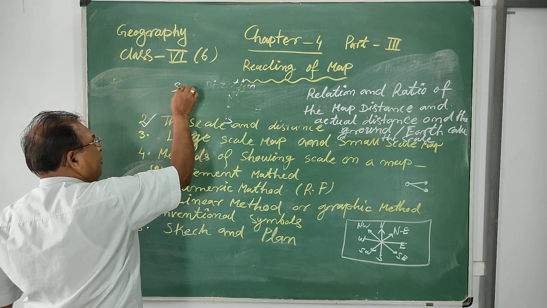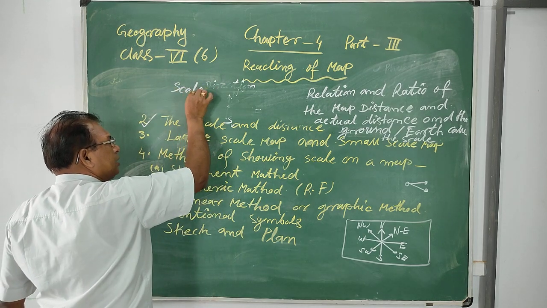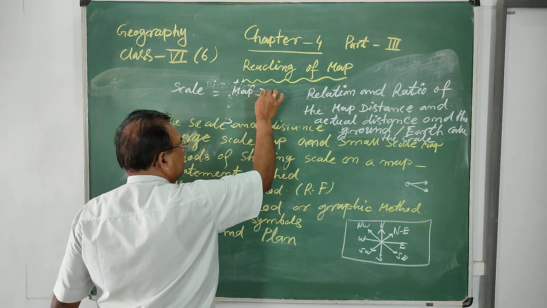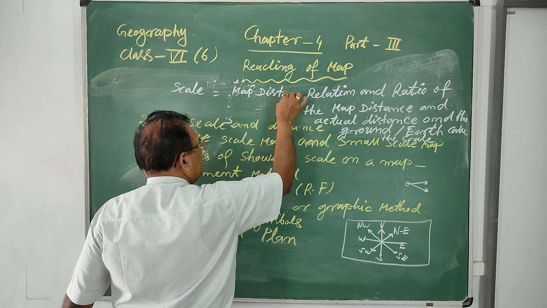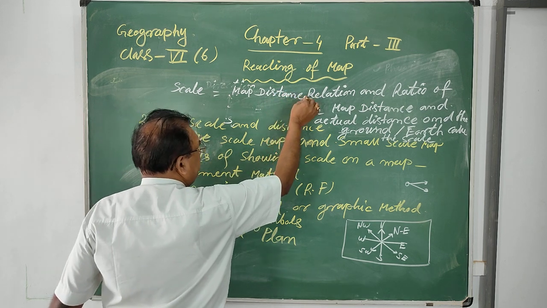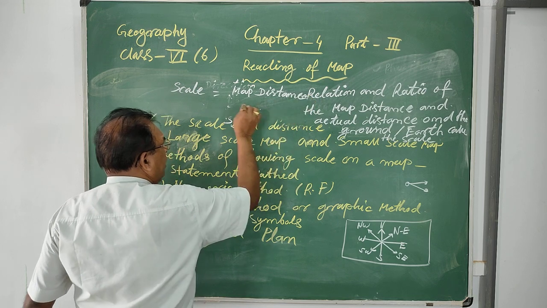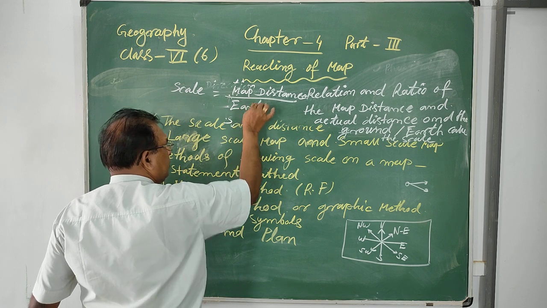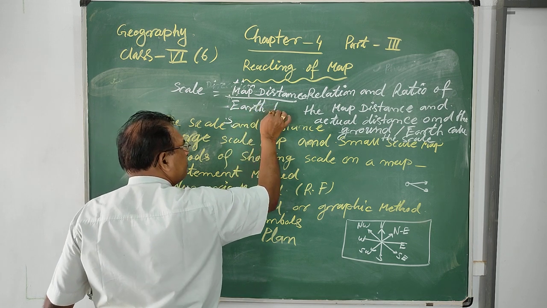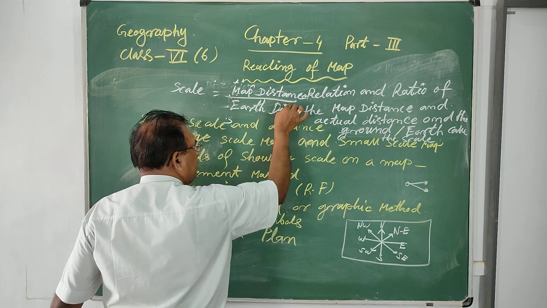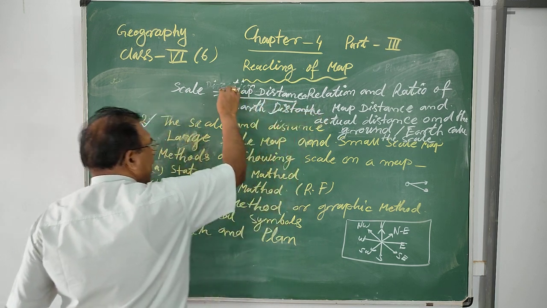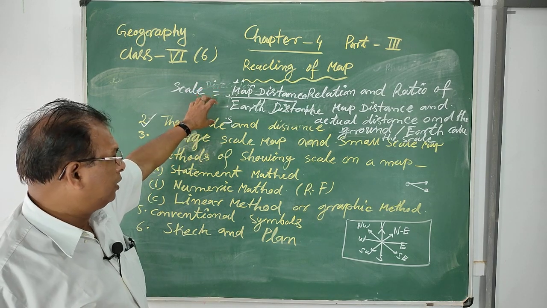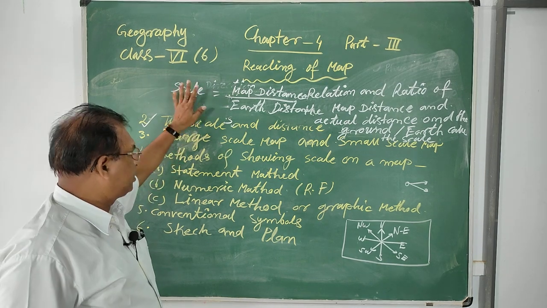So scale is equal to map distance by earth distance. So this relation between the ratios measured is also known as the scale.